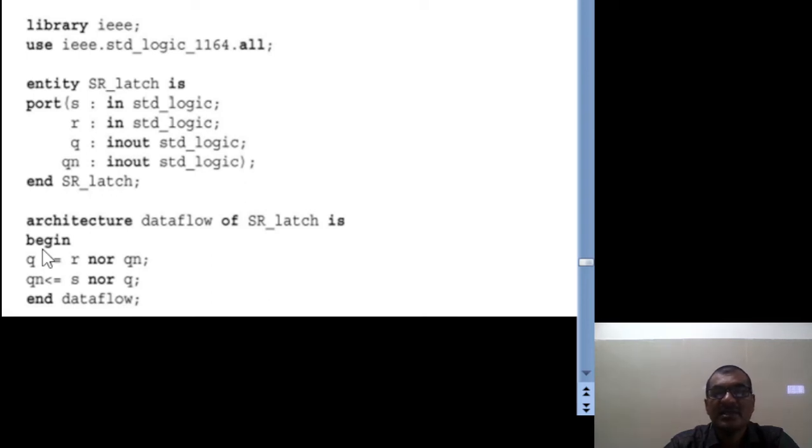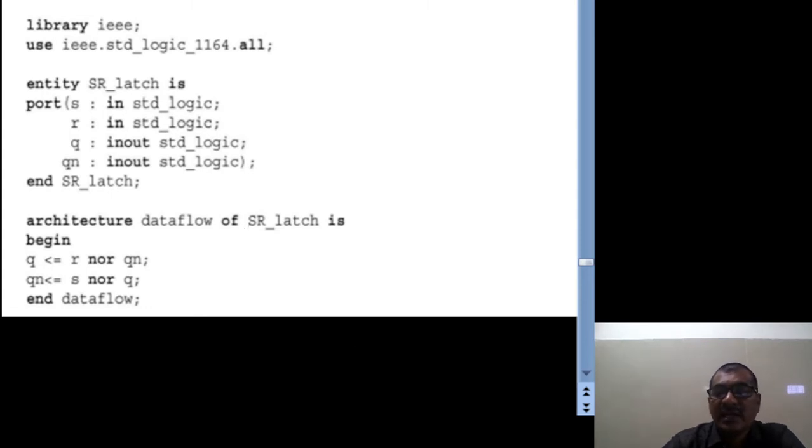In the data flow model, these statements are known as concurrent signal assignment statements. Their appearance is similar to a Boolean equation. Therefore Q <= R NOR Qn; Qn <= S NOR Q, and end data flow. So this is the VHDL program for the SR latch.